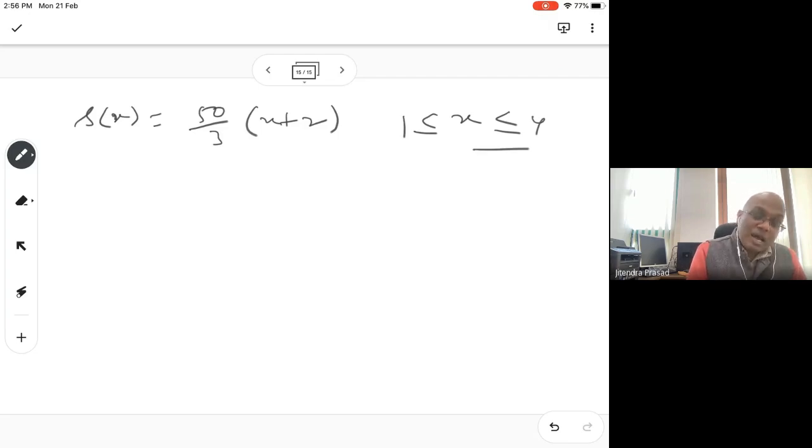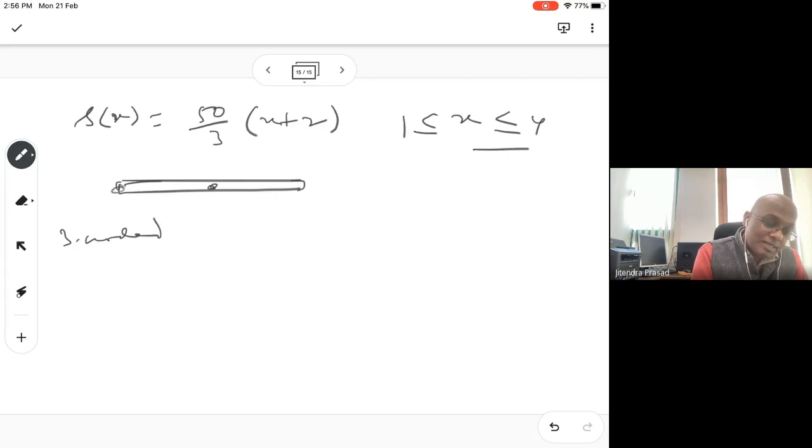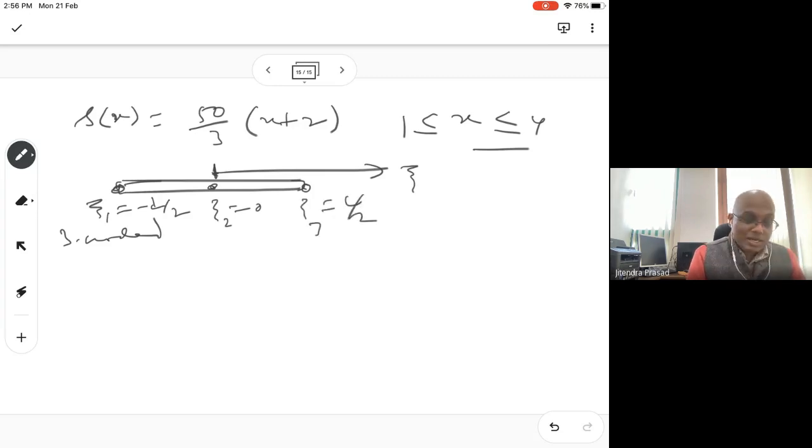Now when we calculate, you remember our 3-noded element, instead of X, let's call it the xi system, right? And our xi system had xi1 equal to minus L over 2, xi2 equal to 0 and xi3 equal to L over 2, right?